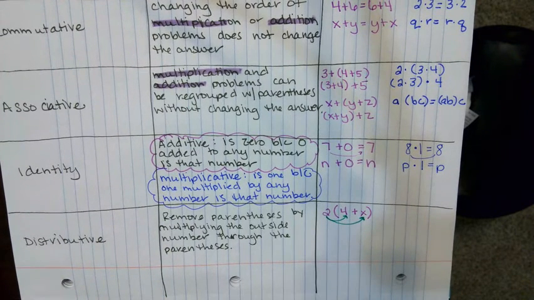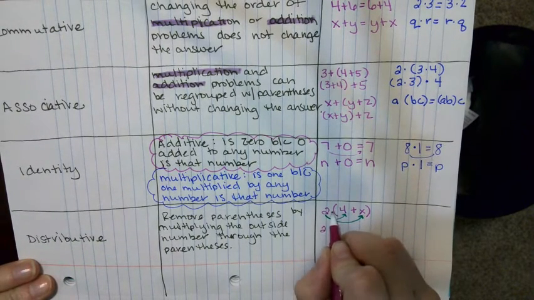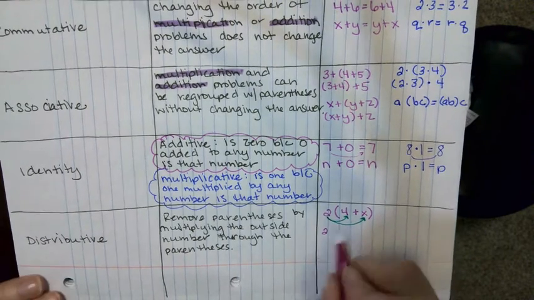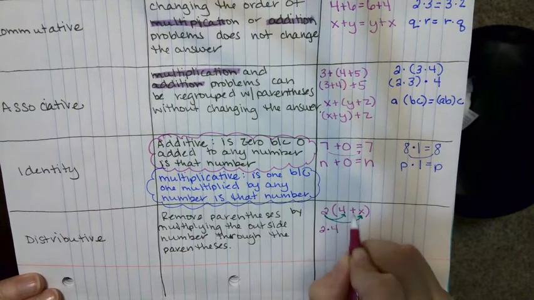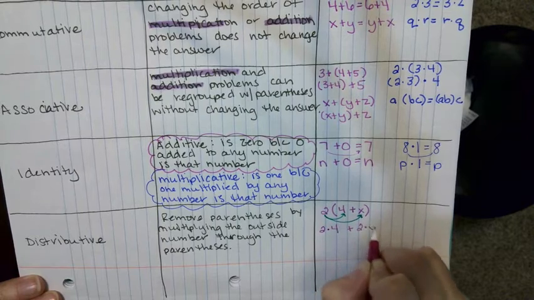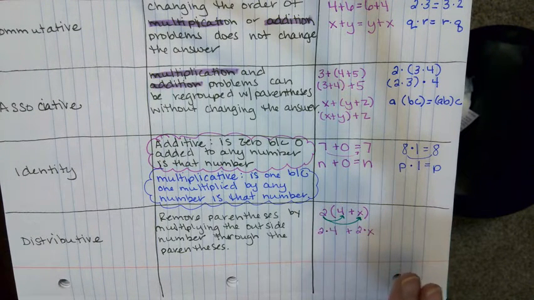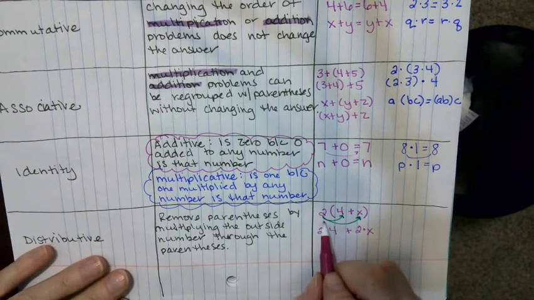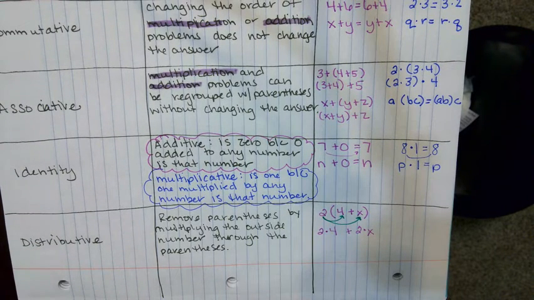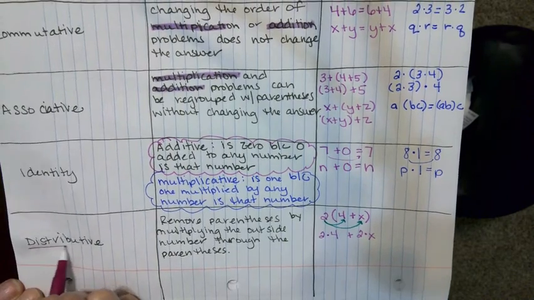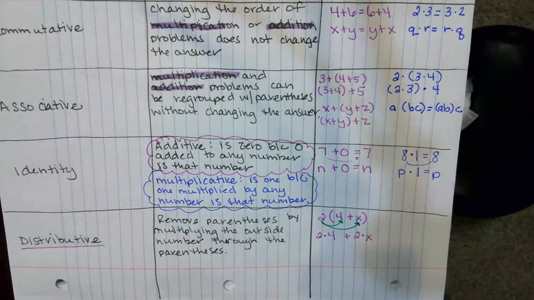Remember, the number on the outside says to multiply when it's attached to the parentheses. So it's 2 times 4 and 2 times x. You will learn way more about this tomorrow. But I always say, I have 2 kids and I always have to think about sharing. When I think about the distributive property, I think about to distribute means to share.